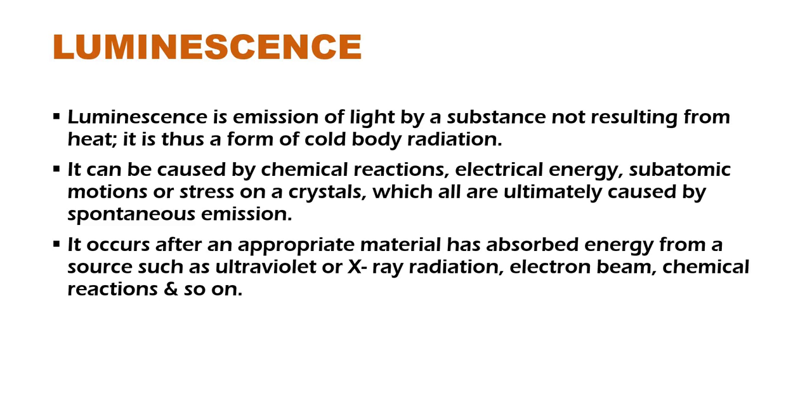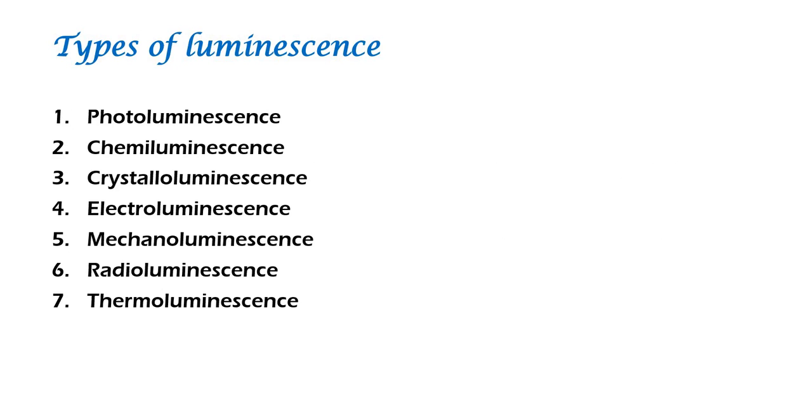The energy lifts the atom of the material into an excited state, and then because excited states are unstable, the material undergoes another transition back to its unexcited ground state, and the absorbed energy is liberated in the form of either light or heat or both. Types of luminescence are photoluminescence, chemiluminescence, crystalloluminescence, electroluminescence, mechanoluminescence, radioluminescence, and thermoluminescence.